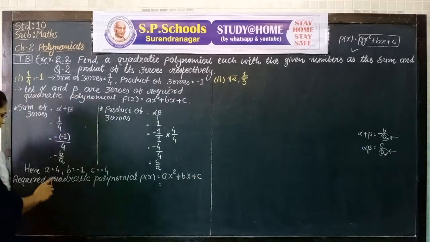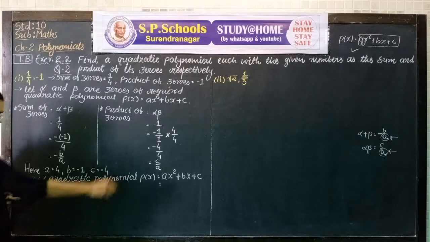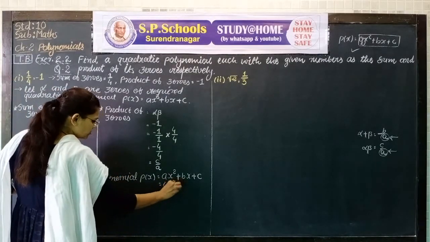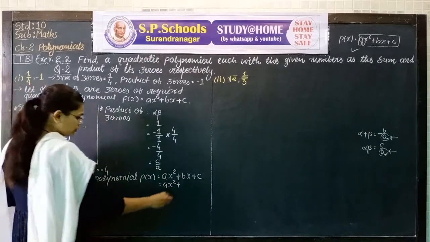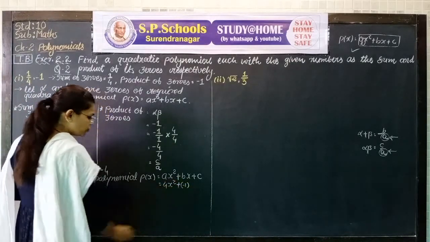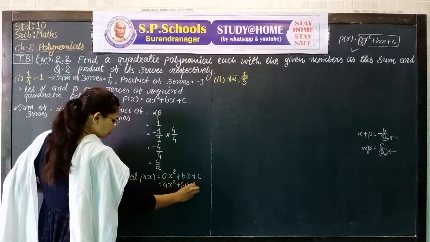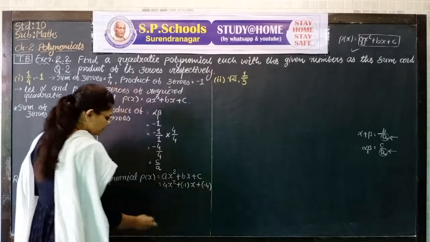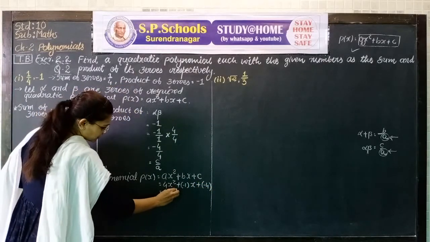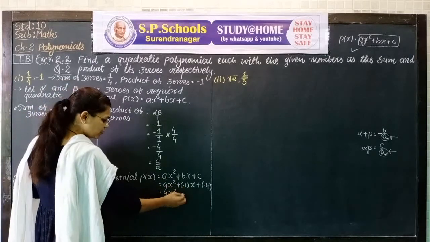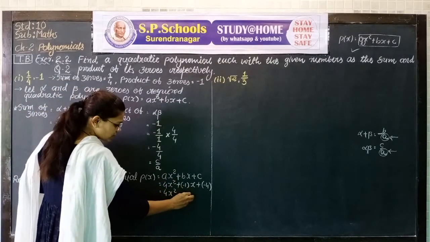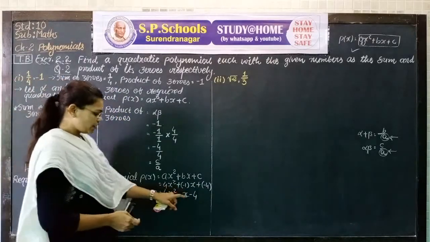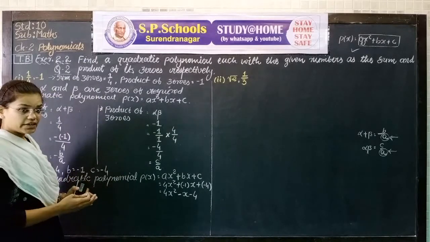Now we substitute the values of a, b and c in this form. Instead of a put 4, x square remains as it is, plus instead of b put minus 1, put it into a bracket, x as it is, plus instead of c put minus 4, again into a bracket. 4x square as it is, plus minus 1 multiplied by x gives x, plus minus 4. 4x square minus x minus 4 is our required quadratic polynomial.